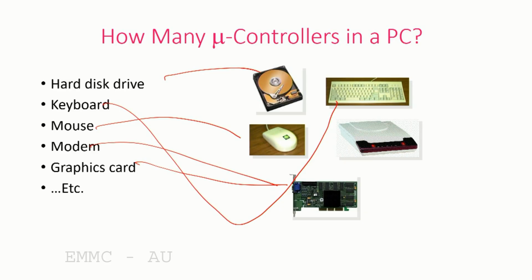It does the modulation and demodulation in the modem, or on the graphics card. You can see around the PC, a general purpose system, how many microcontrollers are available. These things we call embedded systems.